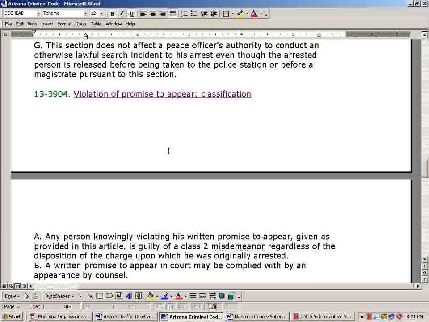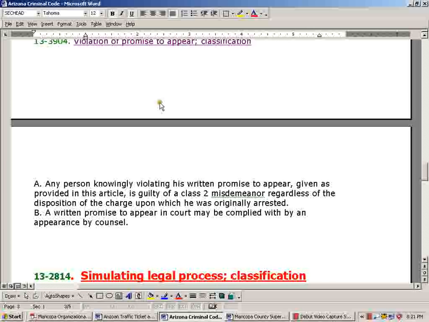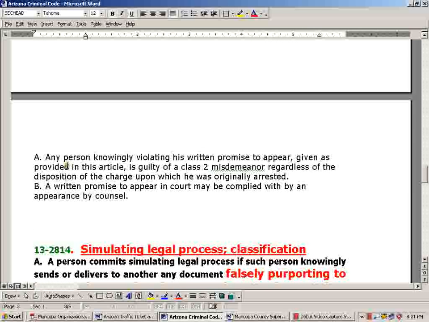Violation of promise to appear, and this is what they're going to get you for. Any person knowingly violating his written promise to appear, given as provided in this article, is guilty of a Class 2 misdemeanor, regardless of the disposition of the charge upon which he was originally arrested. A promise to appear in court may be complied with by appearance by counsel.